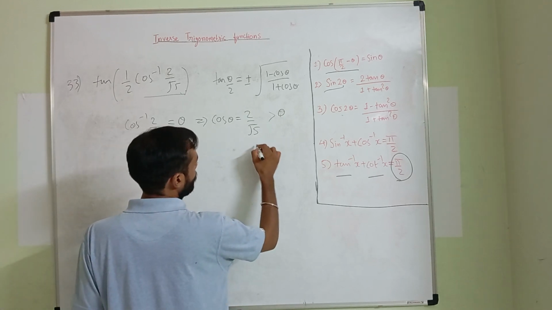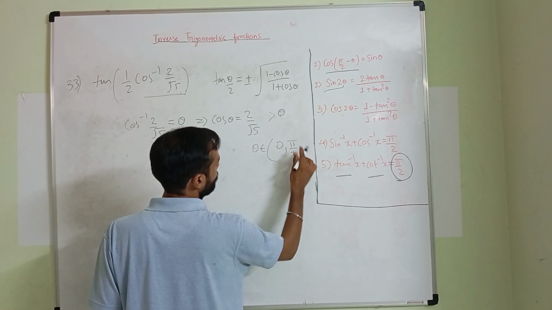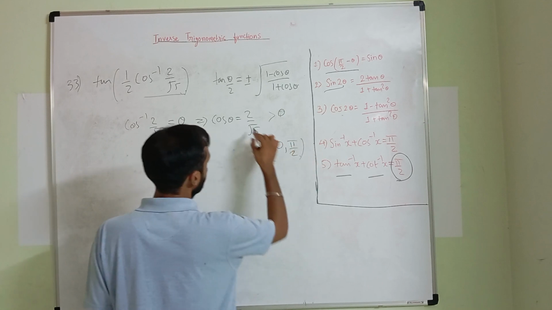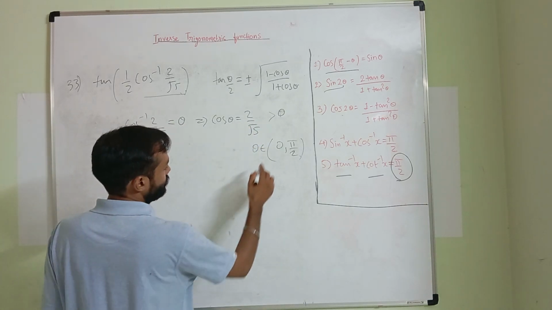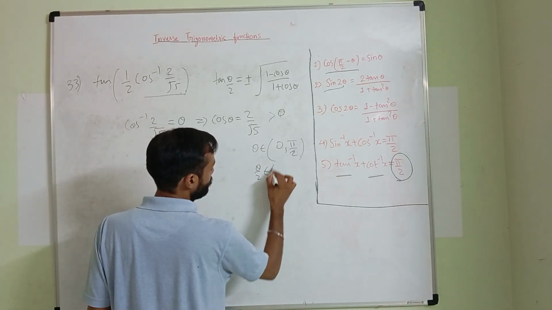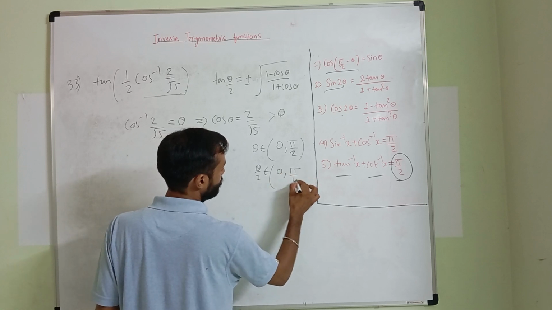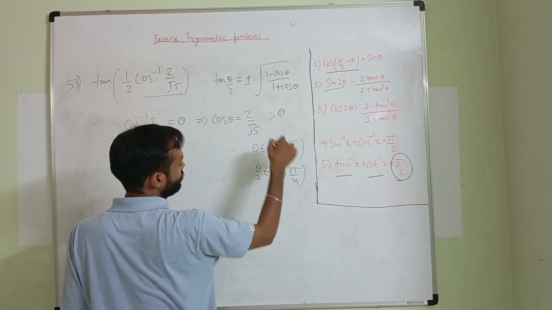Hence our theta will lie in the first quadrant, that is 0 to pi by 2, since cos theta is greater than 0. So when theta belongs to 0 to pi by 2, hence theta by 2 belongs to 0 to pi by 4. Hence theta by 2 will also have a positive value.